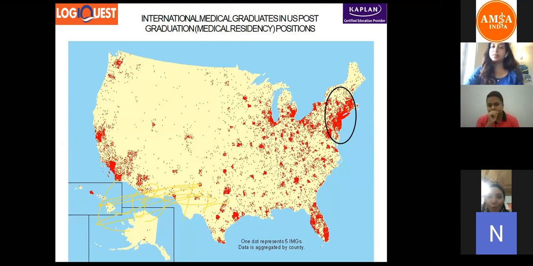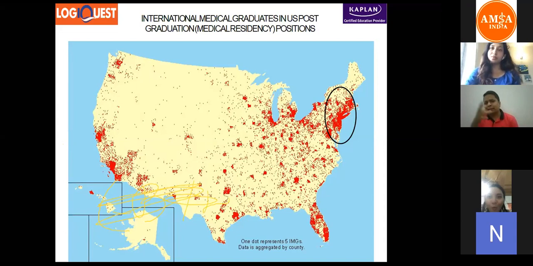East Coast is completely densely populated with international medical graduates. And when I say international medical graduates, the Asian students really contribute a lot. If I have to further bifurcate, Indians are at number 1 position in the US, especially in the tri-state area, which is the New Jersey, Connecticut, and New York area.